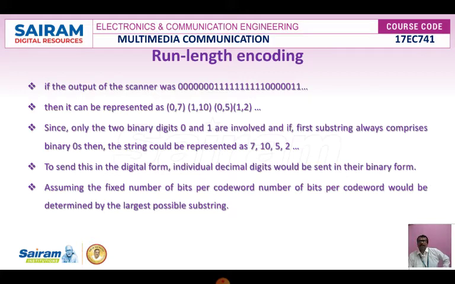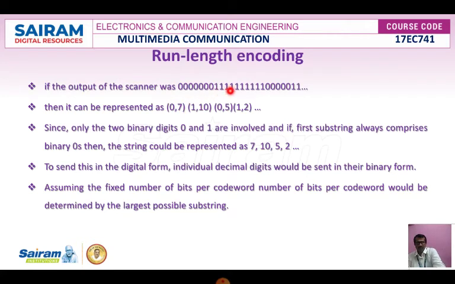For example, the output of the scanner is 0 0 0 0 0 0 0 1 1 1 1 1 1 1 1 1 1 0 0 0 0 0 1 1. How could this be represented? How many zeros are present? 7 zeros are present.